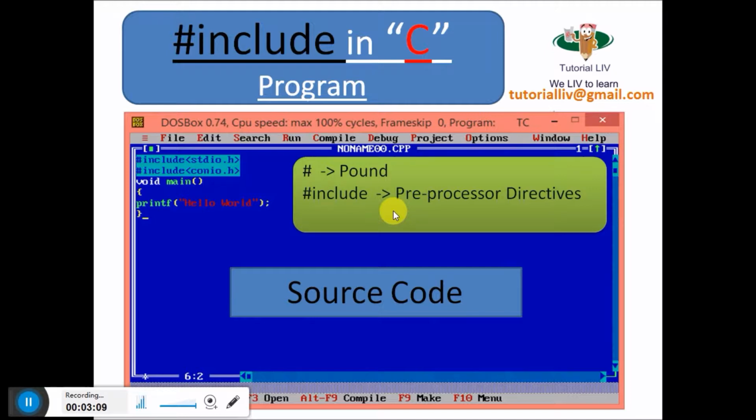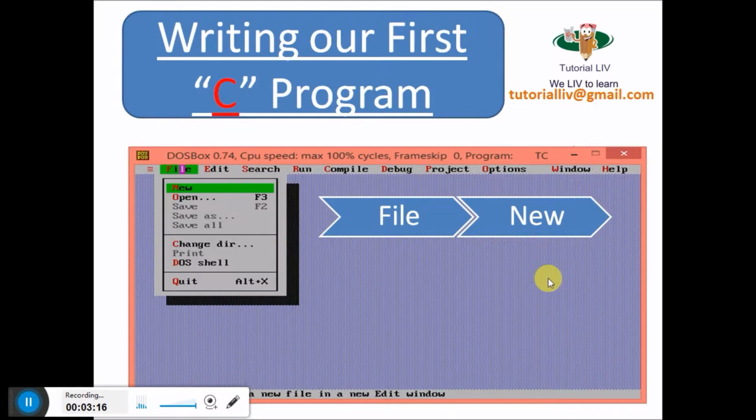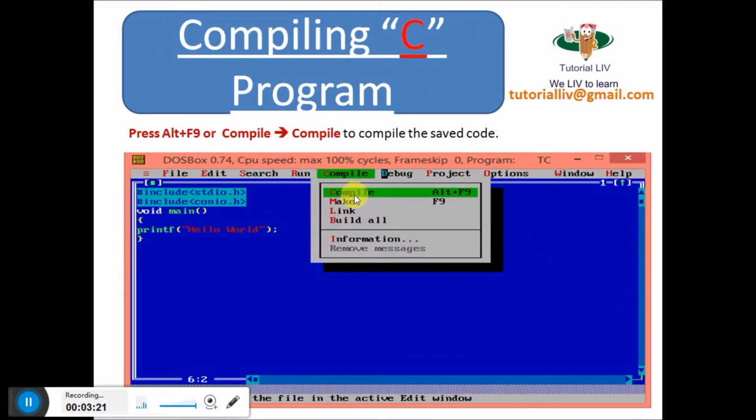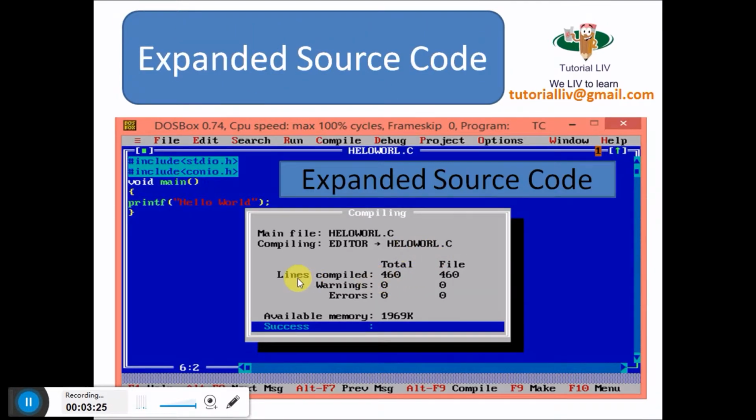So basically what happens once we compile this program? We saw the screen in our last lecture. We saved the program, and once we compiled it, we saw that the lines compiled were 460. However, the total lines written here are only 1, 2, 3, 4, 5 and 6.